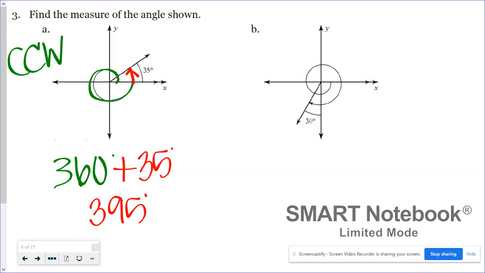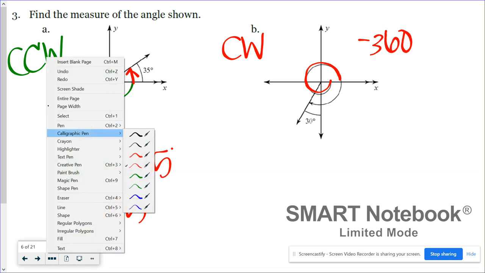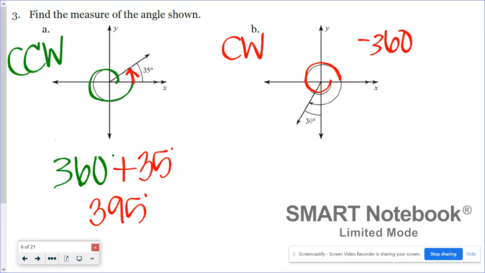So if we look at B, this one is clockwise. Okay, and so we go one full clockwise rotation, so that's negative 360 right there. And then it goes a bit more, because this part right here would be negative 90 degrees more.